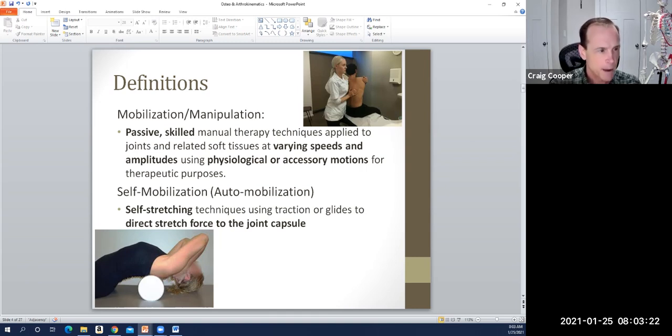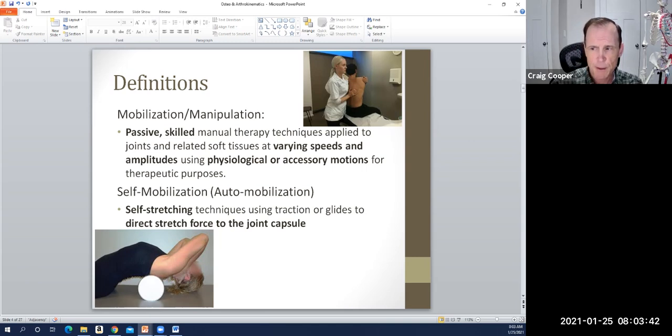We're doing a passive motion in a specific direction at a specific joint to try and improve the overall motion for that patient. We can do mobilizations for different reasons, and we'll go through what people theorize they do and help with.